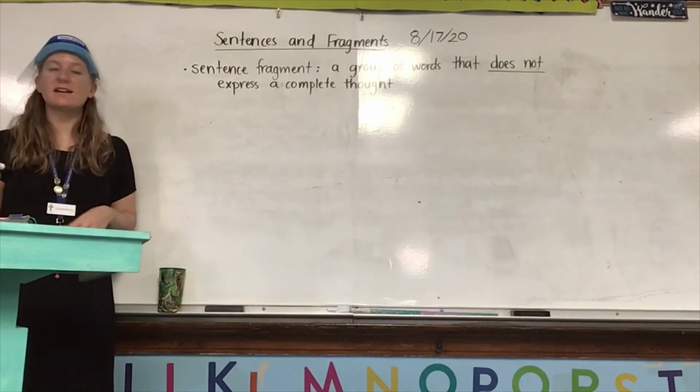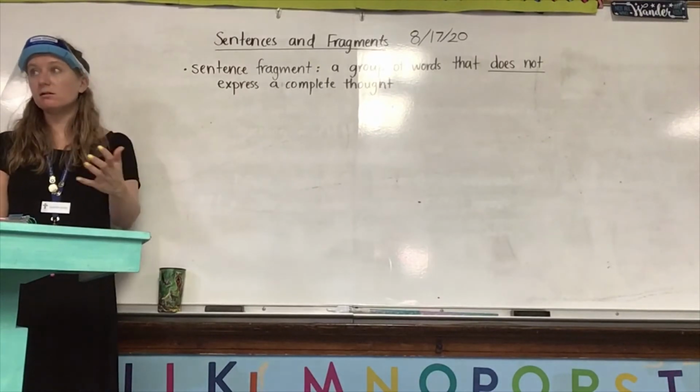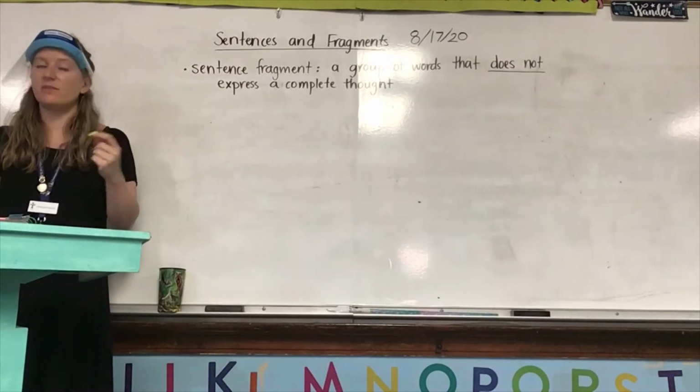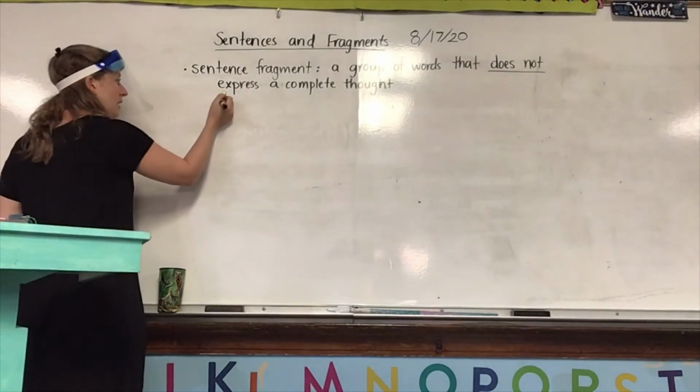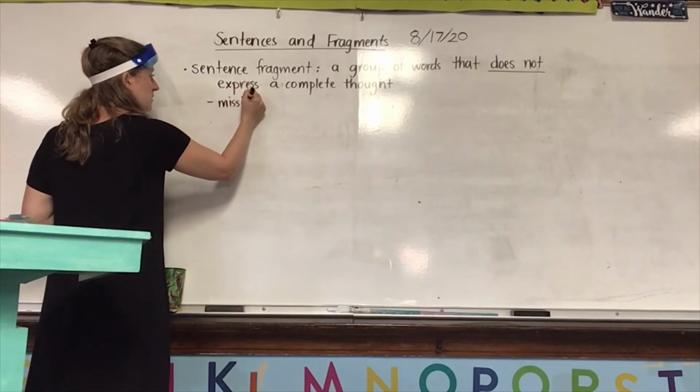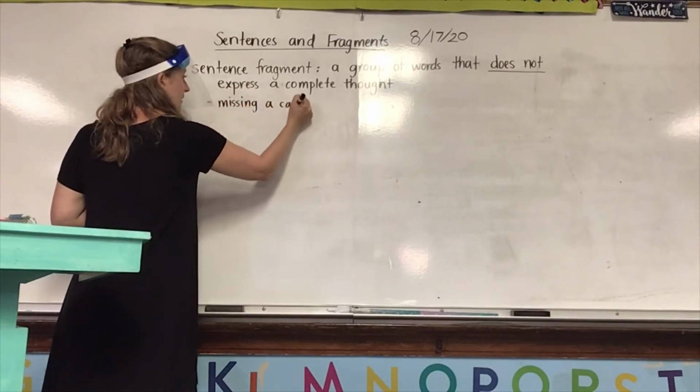Now for a sentence fragment, one or more, that means only one of these four things, or two or three, or all of these four things is happening. So either it is missing a capital letter.